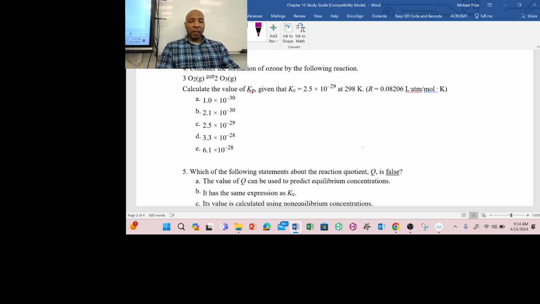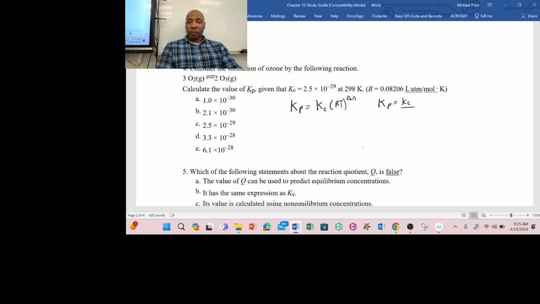Because it's going to be 2 minus 3. So all I got to do is put Kp is equal to Kc times RT to the delta N power. Since delta N is minus 1, anything you take to the negative 1 power, you're basically putting in the denominator.